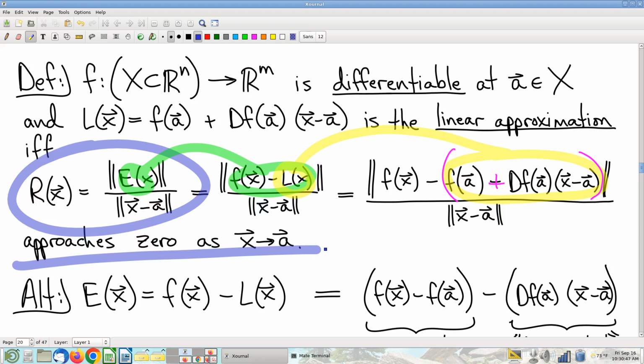Pausing for questions. Yes? Why isn't the definition of differentiability the same as in single variable calculus, like using limits from the left-hand side and right-hand side? There's a lot to say about that. Ultimately, you can use this as the definition of a derivative in single variable, and so it really is the same. It's just that in single variable, you can write it differently in a way that's more convenient, and that works.